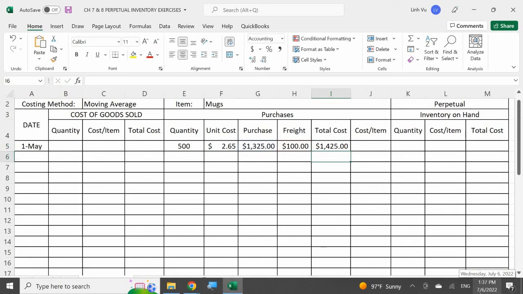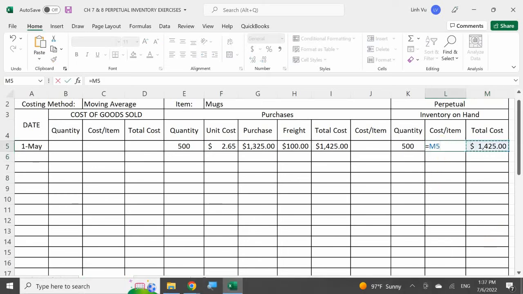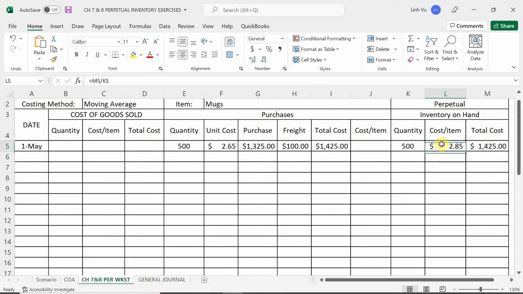Okay. Now in this case, we're gonna go ahead and carry this into our inventory on hand, and because we are using moving average to answer our questions, do our costing method here, that means I am going to be constantly calculating my average cost per item. So in this case, right, when I calculate my 14.25 and divide it amongst all 500 units, I get $2.85.